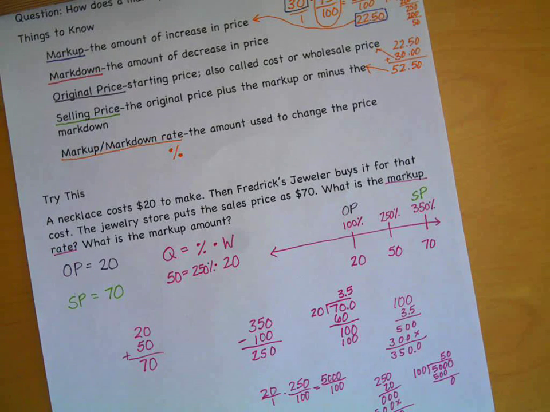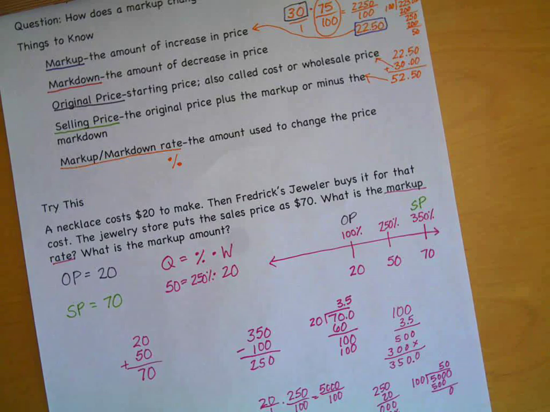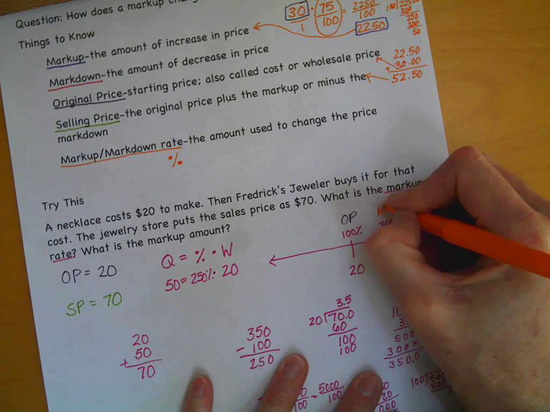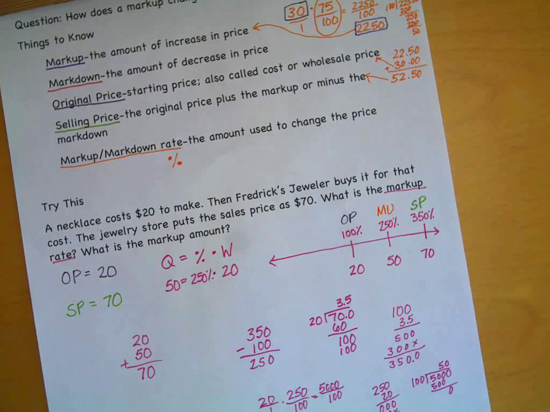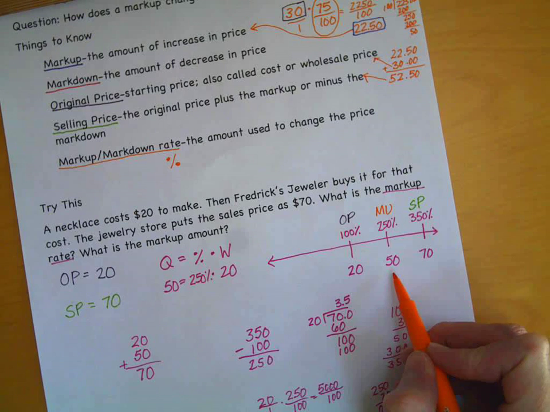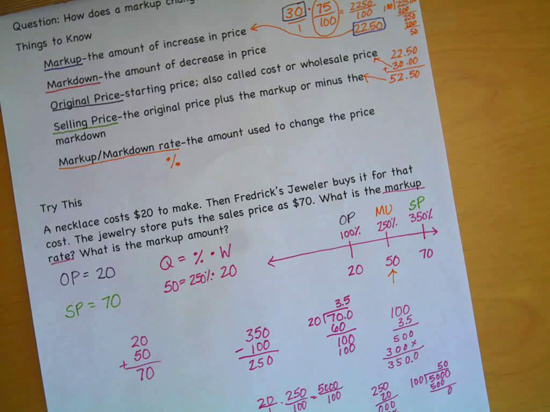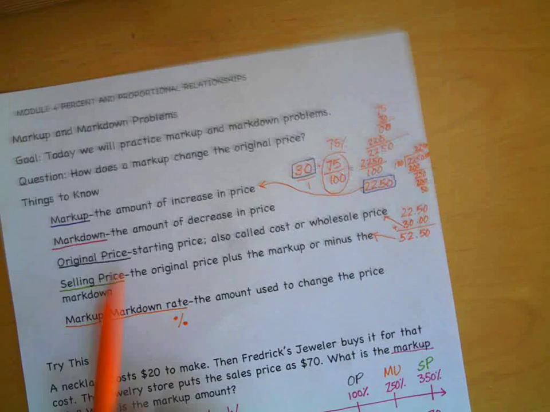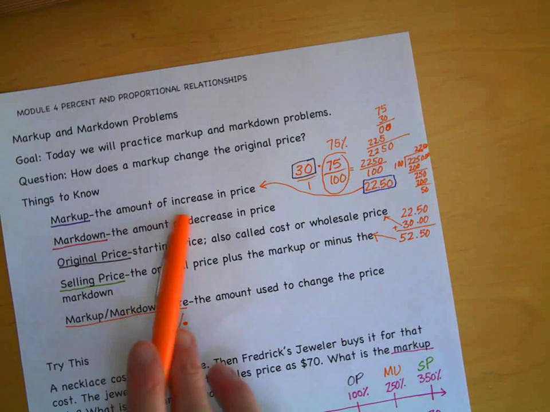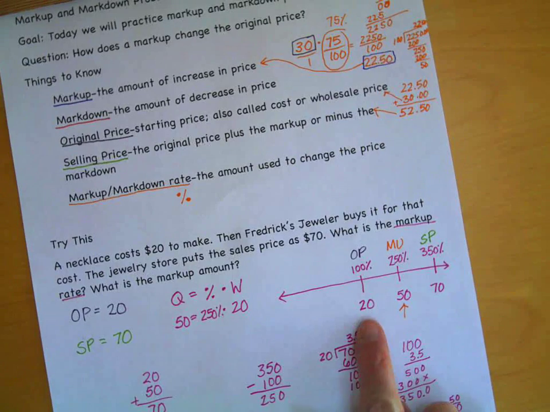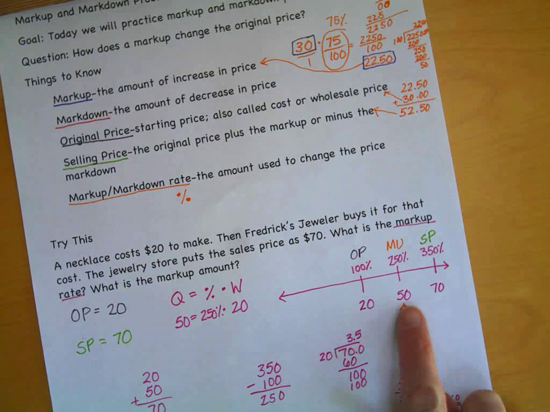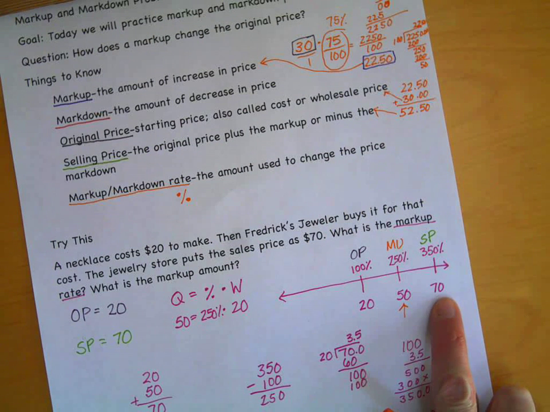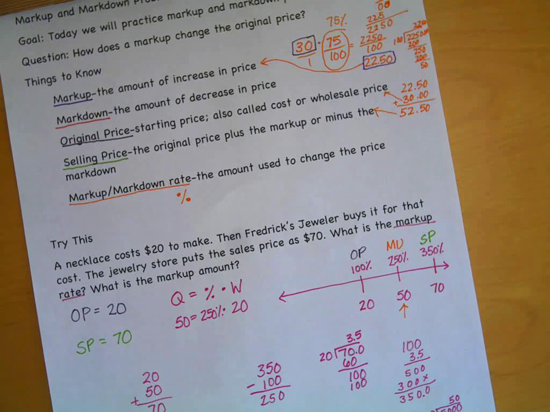So it's kind of an interesting way to figure things out that are missing, but what we need to remember is that this right here is your markup rate, and then this would be the actual markup amount that we had to add to it. Because if you go back up here to the markup, it says the amount of increase in price. So it was $20, we increased it by $50, and now it's $70 to sell it.